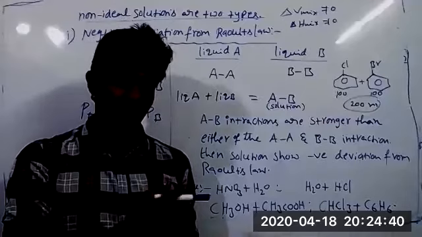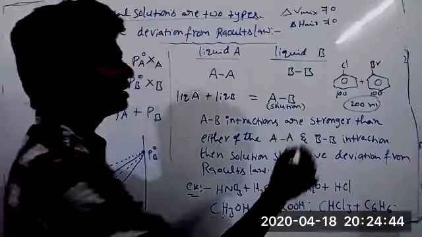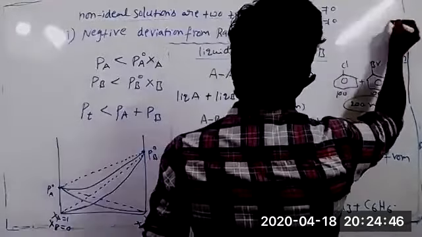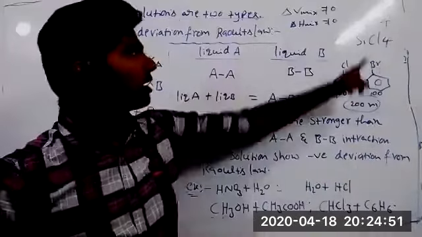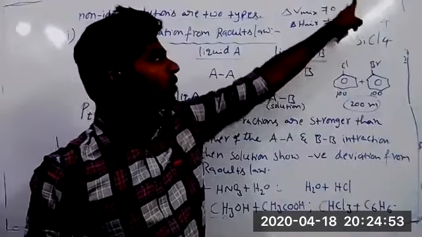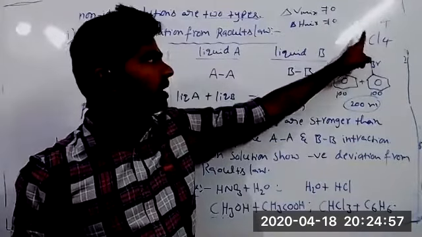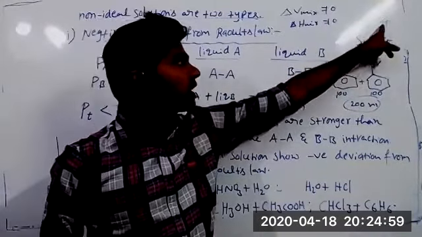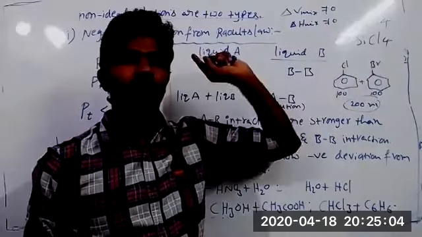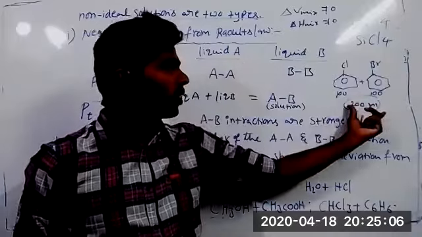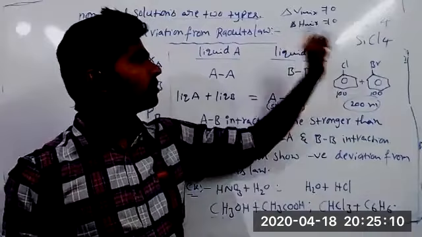Interactions are the same. Next is carbon tetrachloride and silicon tetrachloride, CCl4 and SiCl4. Carbon and silicon both belong to the same group, group 14. They maintain almost the same interaction, and here 4 chlorine atoms, here also 4 chlorine atoms. The structure is almost the same. That's why their volume of mixing is 0 and enthalpy of mixing is also 0.